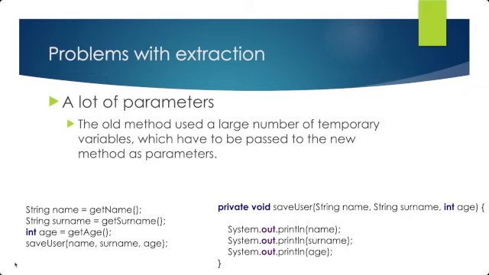I already told you that when we have a lot of parameters inside our method, it's not so good because we need to remember these parameters in our brain, but I can't remember more than seven variables. Here I have three parameters. It means that in the method I can create no more than four local variables. I think sometimes it's not enough for me. That's why I want to decrease the number of parameters of my method.